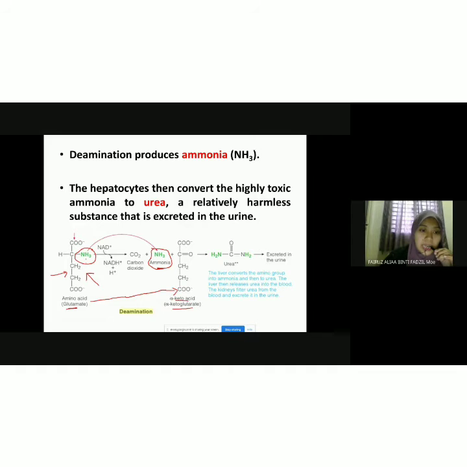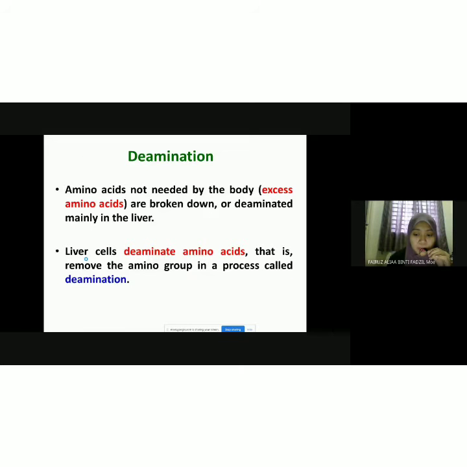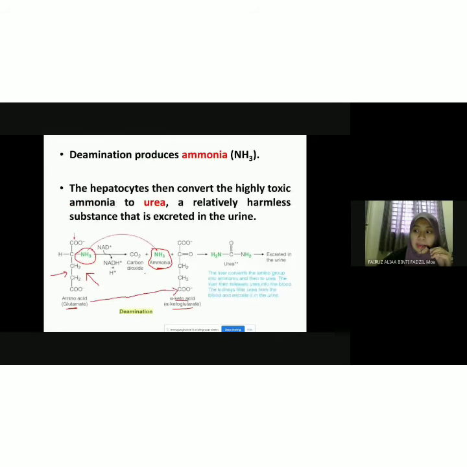But in exam, we don't say they remove ammonia. We say the amino acid removes the amino group. If you want to answer in exam, you say removal of the amino group, and then the amino group will be converted to ammonia.